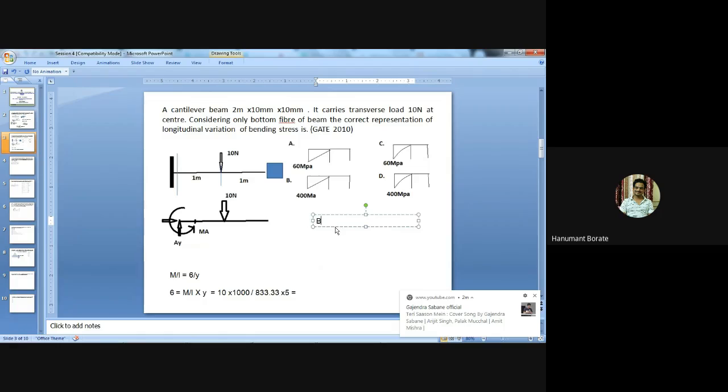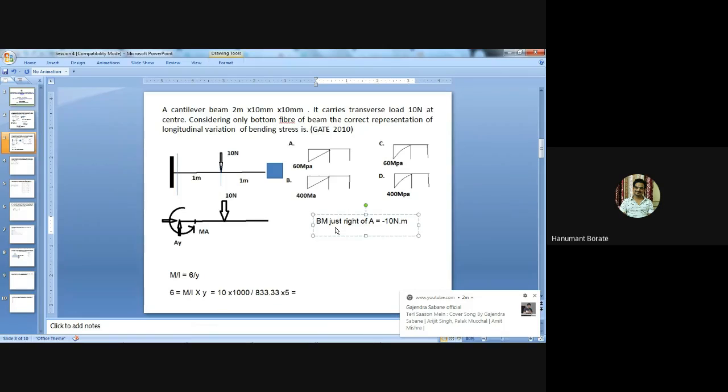So the bending moment just right of A is equal to minus 10 Newton meter.